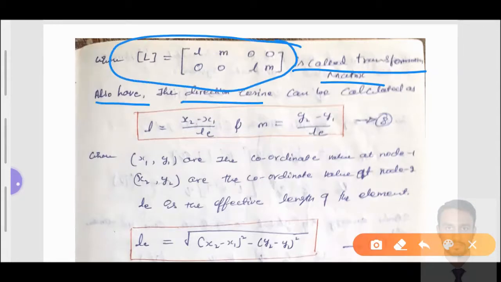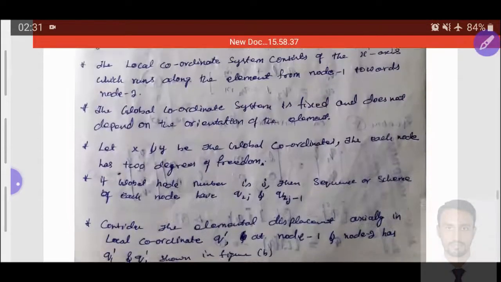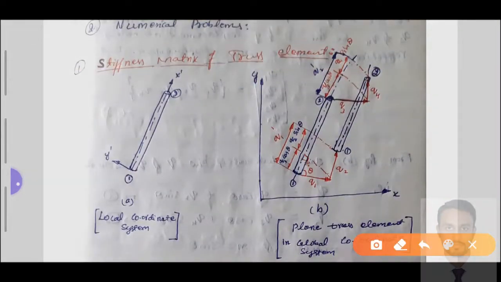In the transformation matrix L, we have the direction cosines. Generally we can calculate the direction cosine L as x2 minus x1 divided by LE, and M as y2 minus y1 divided by LE. The element here is represented in a local coordinate system, and then it is transferred to the global coordinate system.